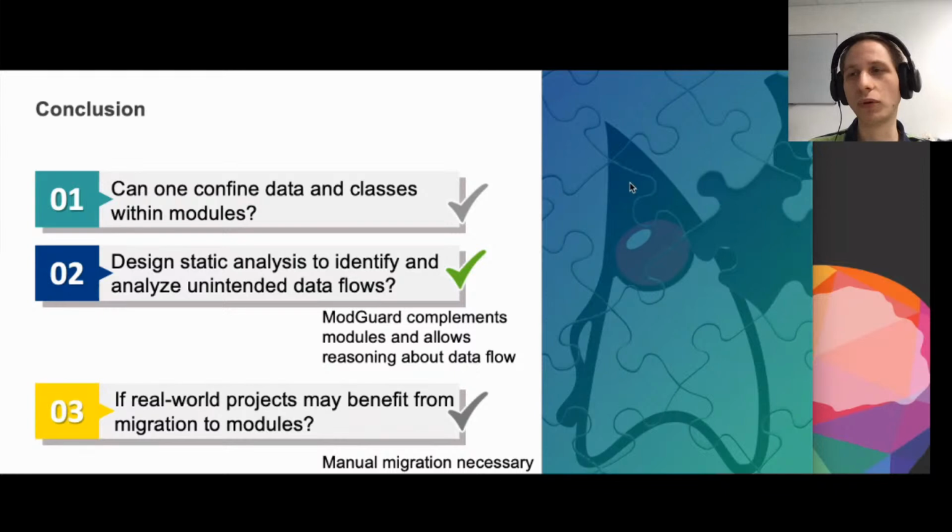Real-world projects may only partially benefit from the module system, as the number of violations shows in both versions, so a simple migration to modules is not sufficient, but the architecture of the projects needs to be reworked.